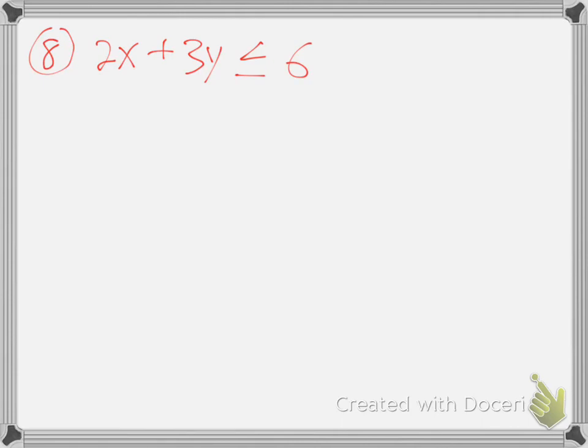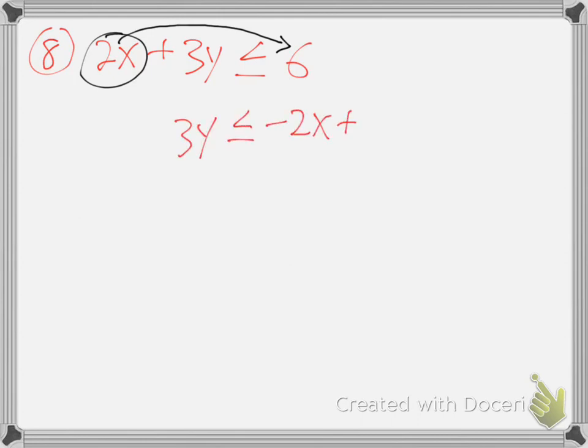Okay, so we want to get y by itself. That's always the goal. What do I do first to get y by itself? Grab this 2x and jump it over, huh? I can just jump the whole thing because it's an added, subtracted piece, right? Remember, added, subtracted things, we can just jump them over. So that will give me 3y less than or equal to minus 2x plus 6.